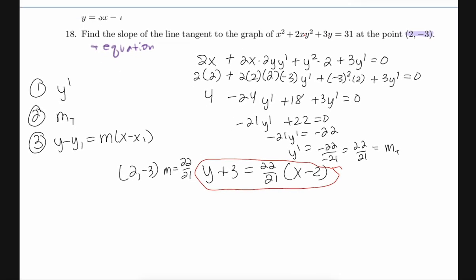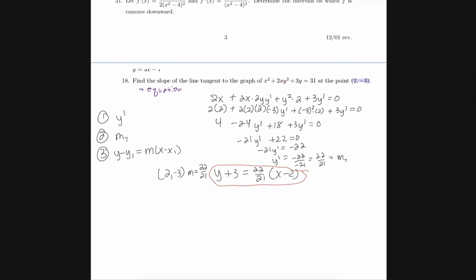Okay, so expect to know how to do the equation of a tangent line, but with implicit differentiation. Okay? Any questions about that? Okay, so that's over half of the test right there.